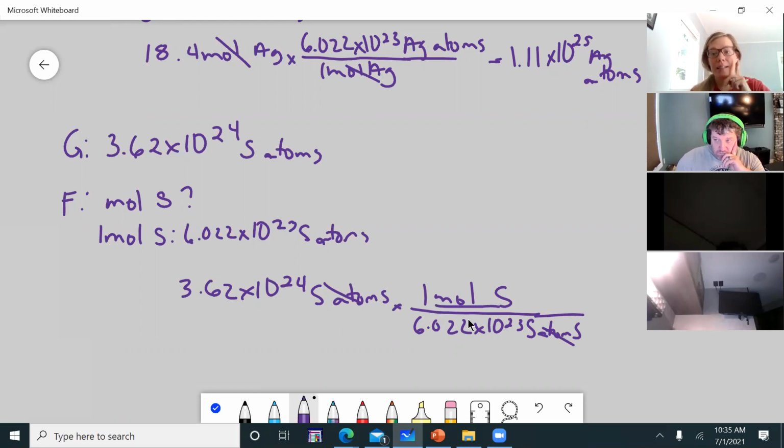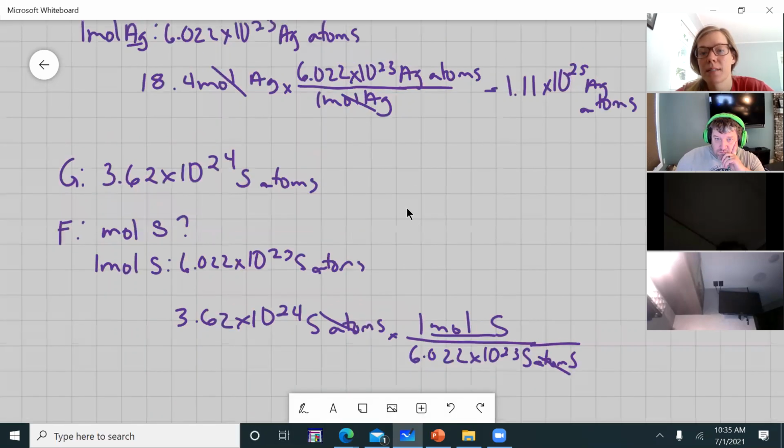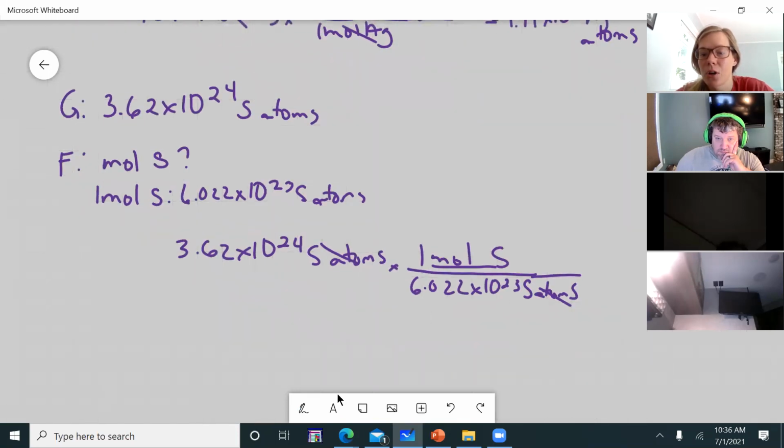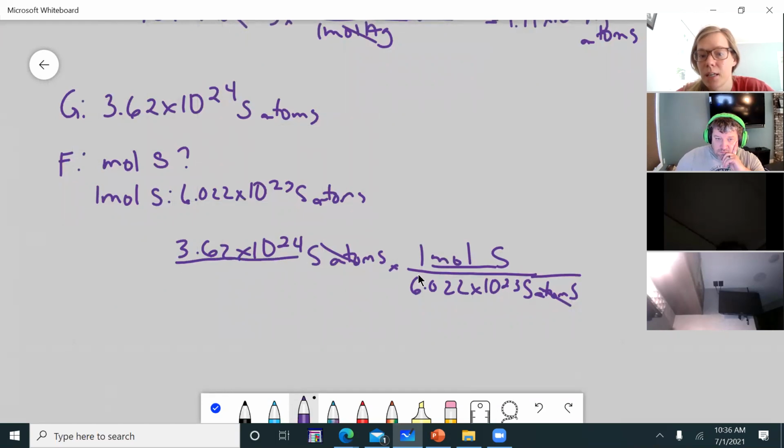Now, when you're plugging this into your calculator, it doesn't matter so much in the first problem because everything is up on the top, so it's all multiply, multiply, multiply. Here it matters though, because you're taking this number and dividing it by this whole thing, not just 6.022. You're dividing it by 6.022 times 10 to the 23rd. So you need to make sure you either put that in parentheses or you use the EE function on your calculator.